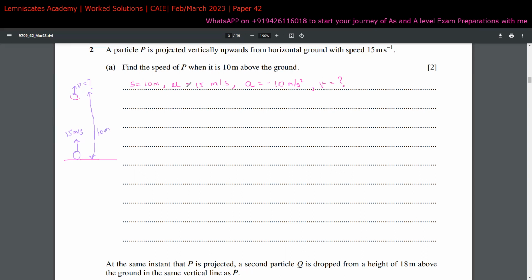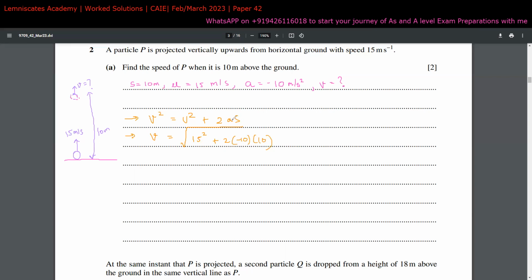So we are having SUVAT. If you think about it, we can use the formula v squared equals u squared plus 2as to solve this question. So v squared equals u squared plus 2as, and therefore the value of v will be equal to the square root of 15 squared plus 2 times minus 10 into 10.